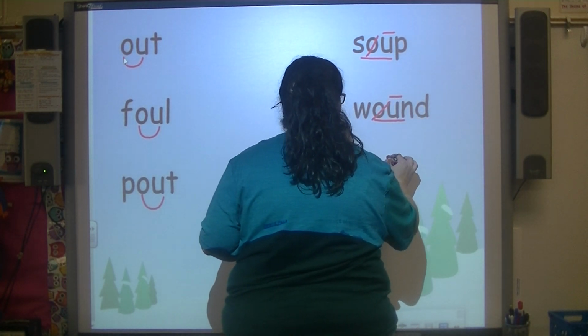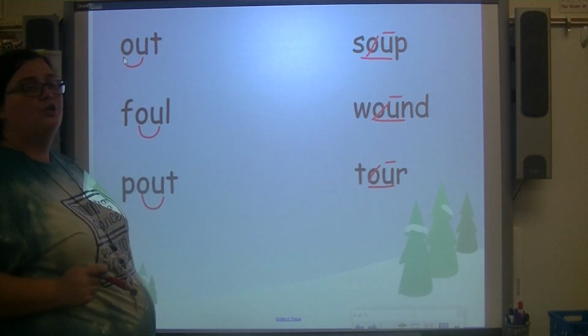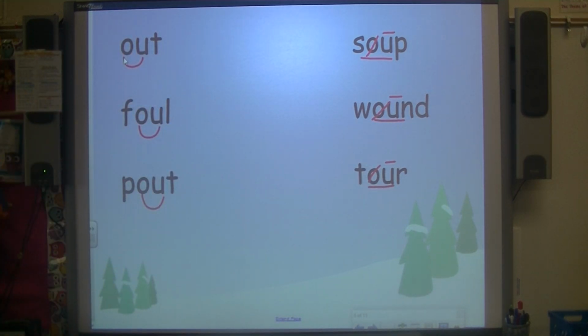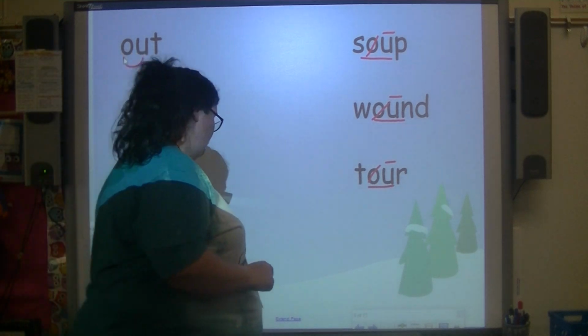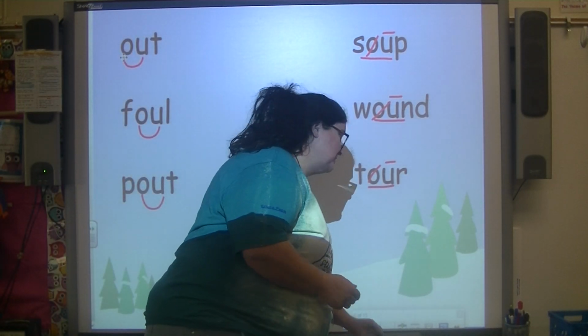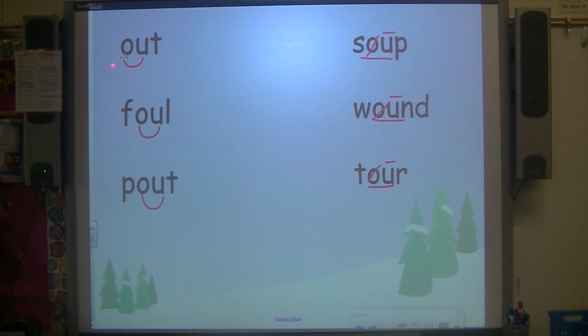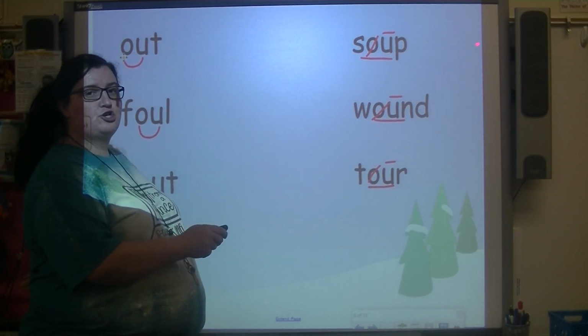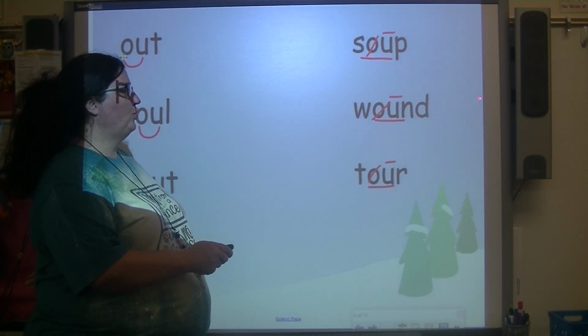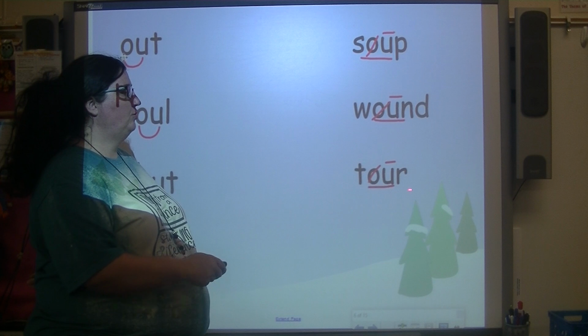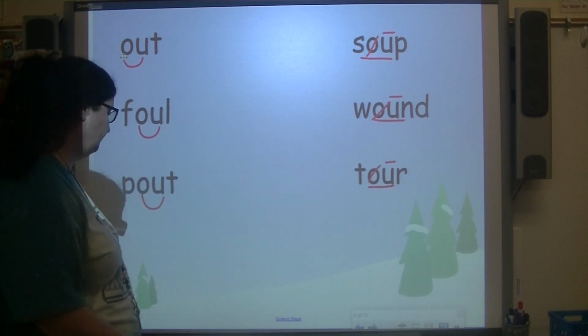So that's how we're going to code the digraph OU. Ooh. So let's read these words again. Out, foul, pout, and then we have the ooh sound. Soup, wound, tour. There you go.